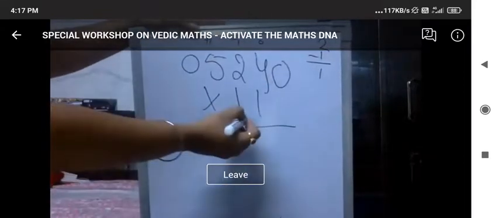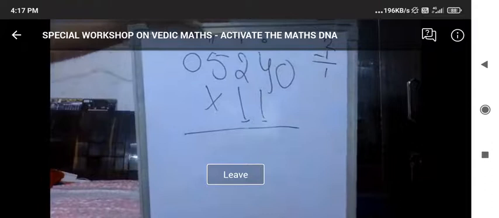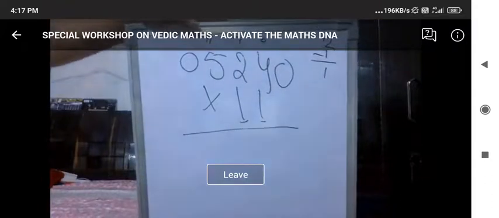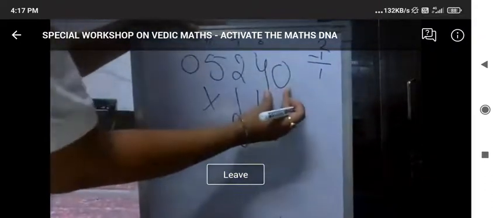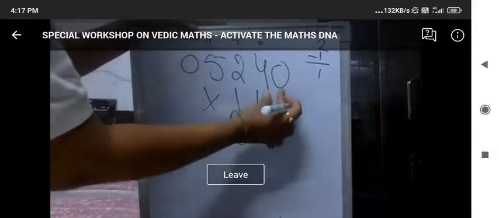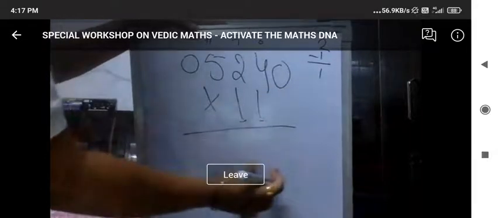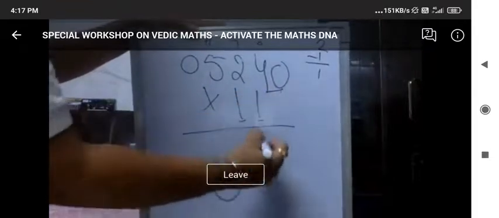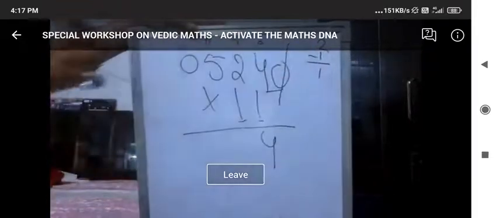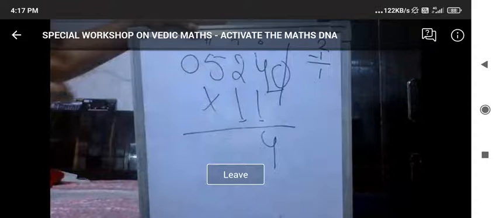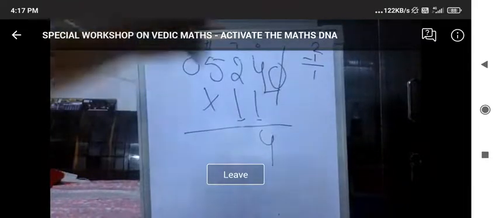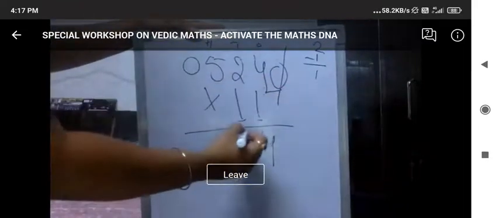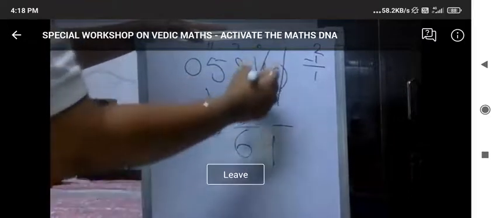The next step says, how many digits are there in 11? That is 2 digits. So I'll take 2 digits at one go, add them and write it. For example, 0 and 4. It's 2 digits I'll take. 0 plus 4 will give me 4. I'll put a cross over here and go further. 4 plus 2 will give you 6.